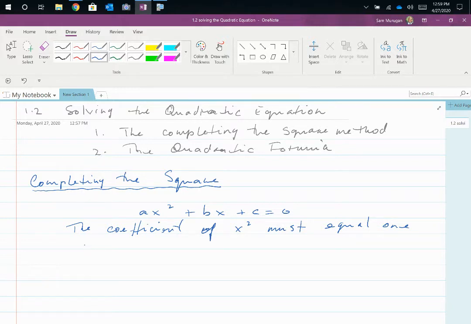And the second principle is that the constant term must be on the right hand side.